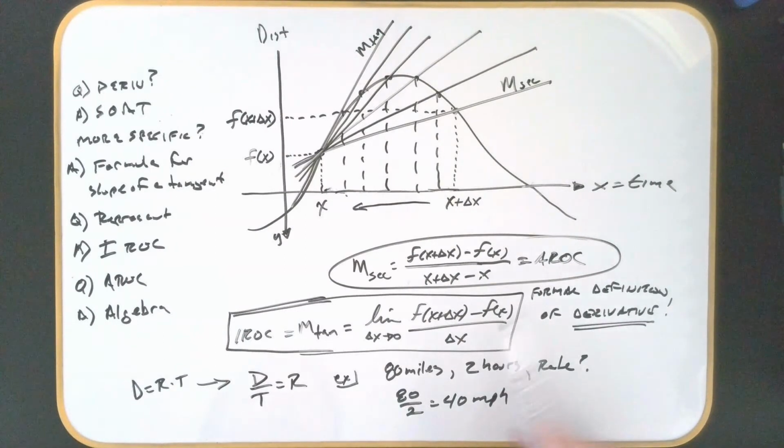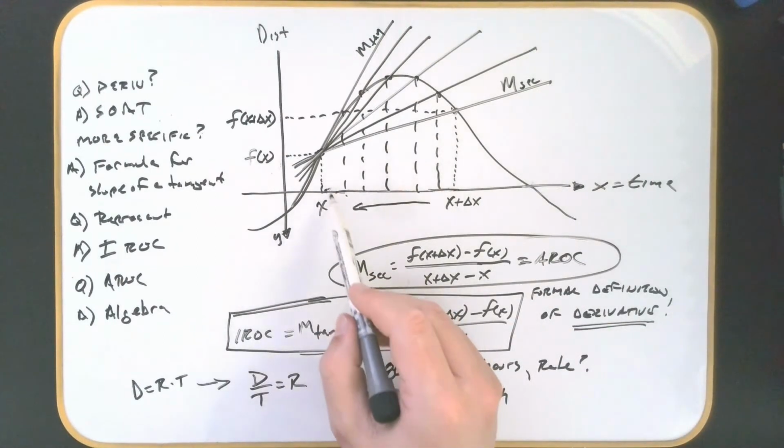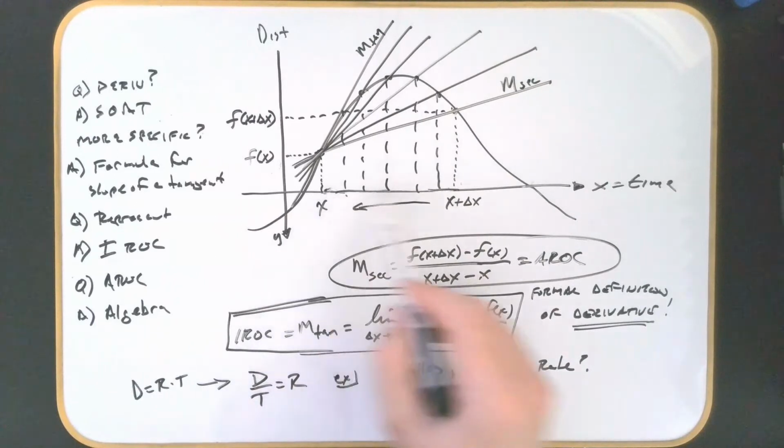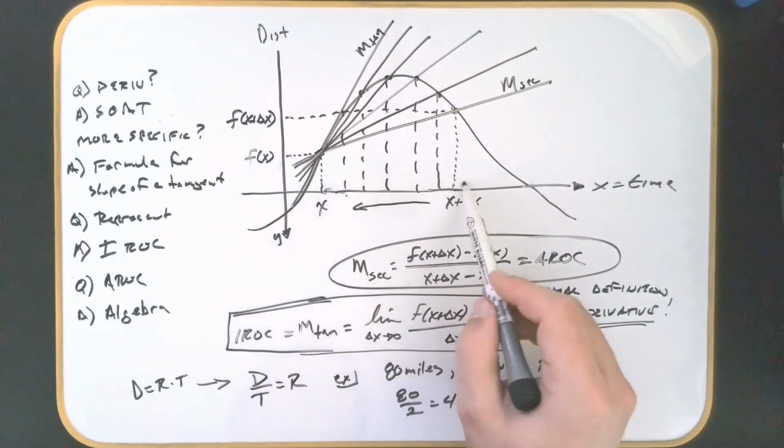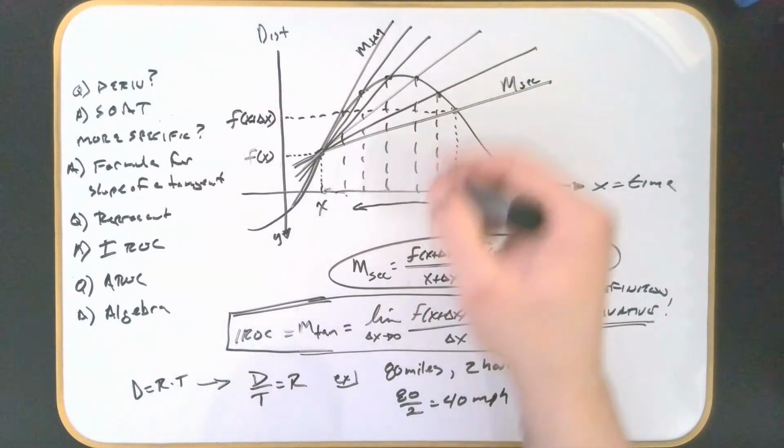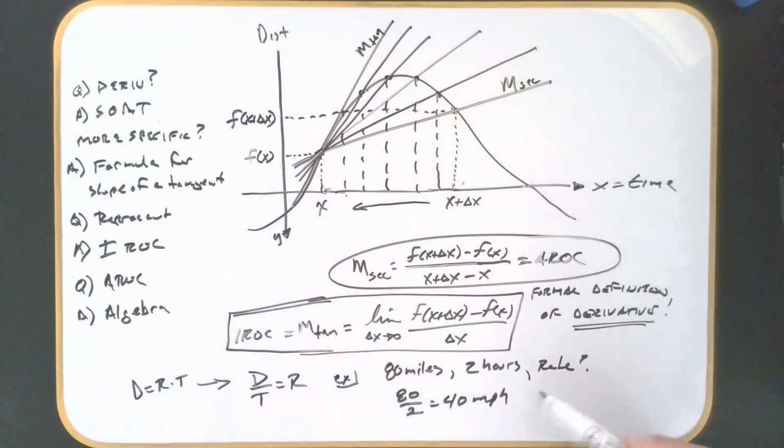Well, instantaneous rate of change would be like, okay, how fast were you going at the moment you passed the Shake Shack or something? Your interval is no interval.